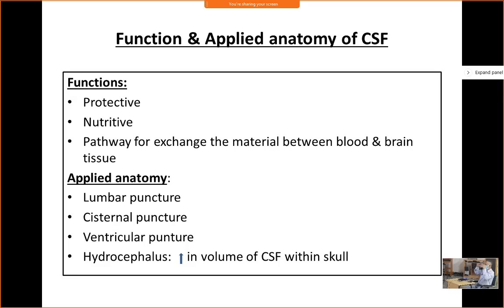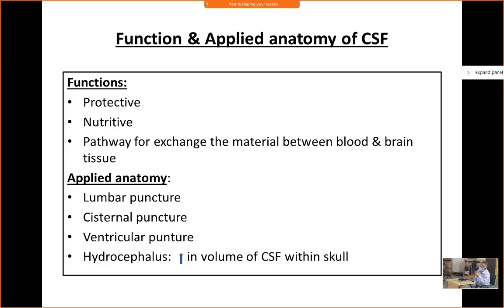So around the brain we have a watery fluid, that CSF, which will strike over the bone, so your brain tissue is not actually injured. That is protective. It is also nutritive, because it gives some amount of electrolytes. Then it is a pathway for exchange of material between blood and brain tissue.